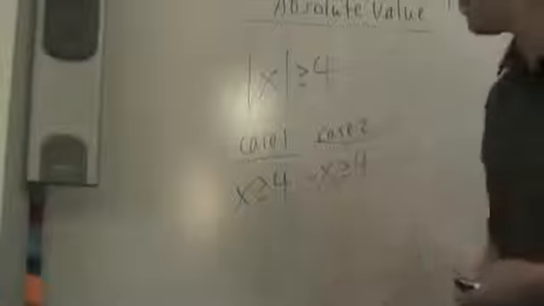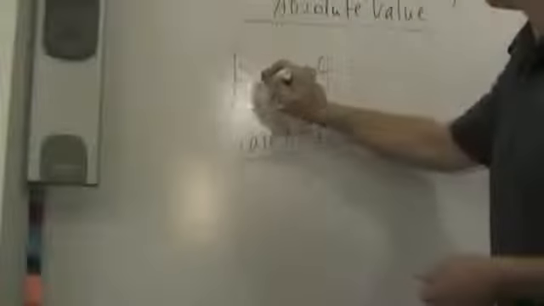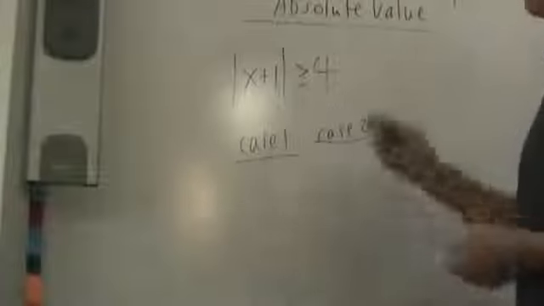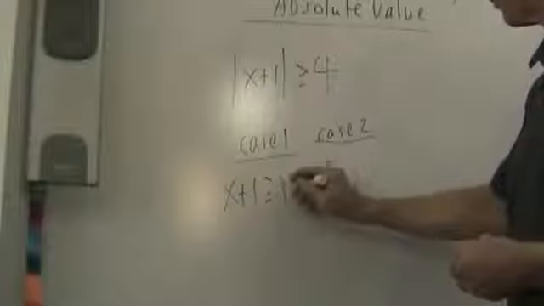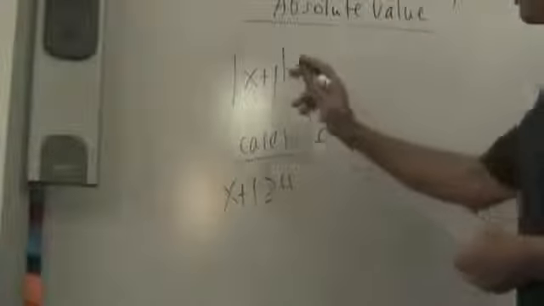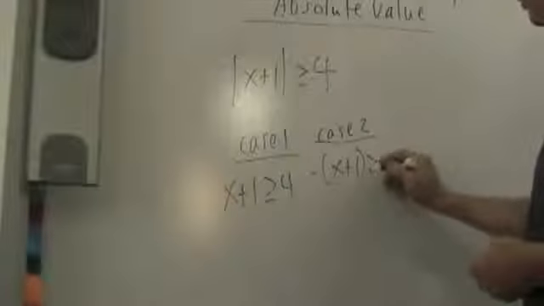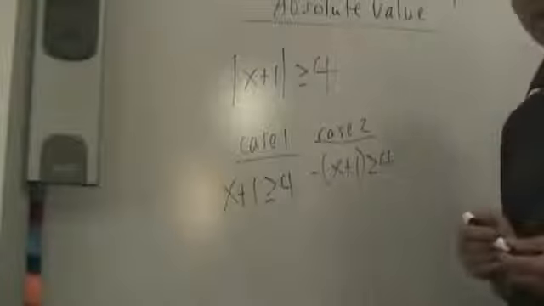If we make this a tiny bit more complicated, which is probably a better example, like the absolute value of x plus 1, it could be x plus 1 is greater than or equal to 4, or it could be the opposite of x plus 1 is greater than or equal to 4.